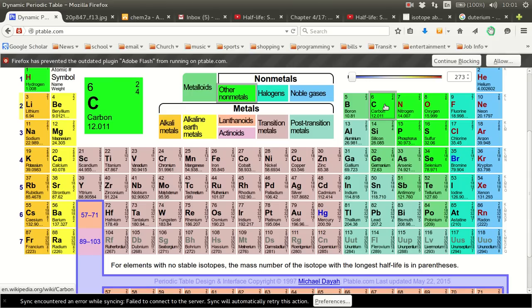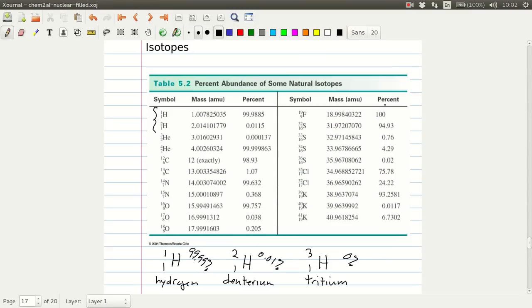That represents not the mass of one atom of carbon, but the average atomic mass of carbon based on the abundances of each of the isotopes. We really should expect the mass of an atom of carbon to be an integer, because protons and neutrons both have a mass of about 1. That 0.011 comes from the fact that there are a couple of isotopes of carbon that exist in different abundances in nature. So how do we interpret this?